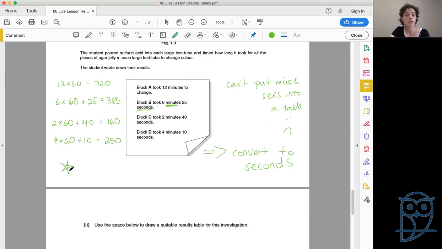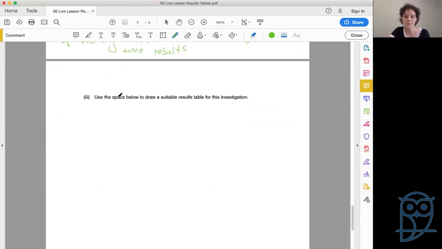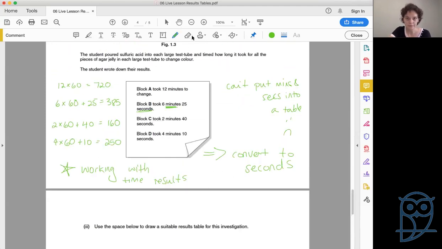So here is your third type of question, working with time results. So you need to be comfortable with the fact that if it's mixed, we must take it down to seconds. So we are now going to high speed through our table.